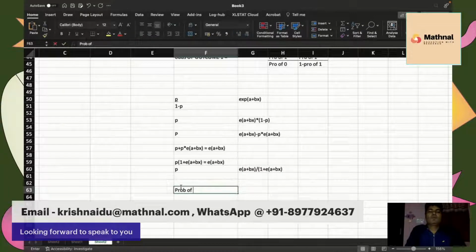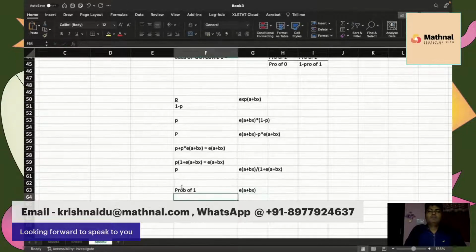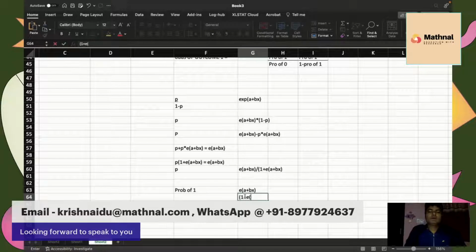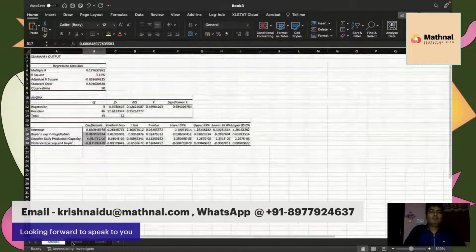The probability of 1 is equal to e to the power a plus bx divided by 1 plus e to the power a plus bx. This is the formula we are getting for the probability of 1, and this is what we are going to apply in the model.